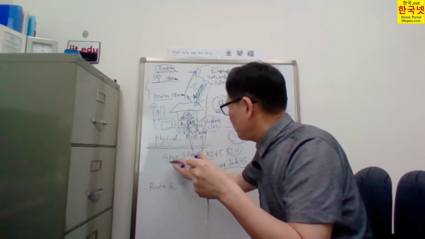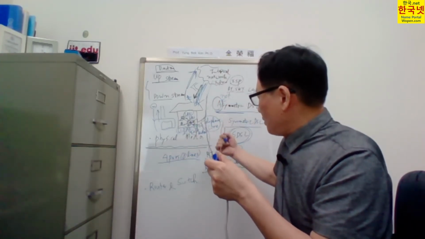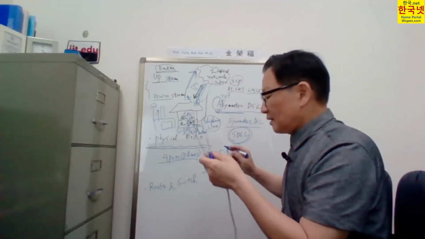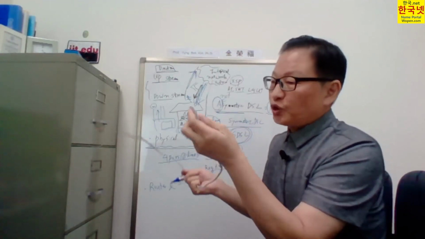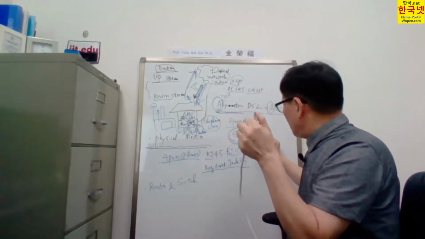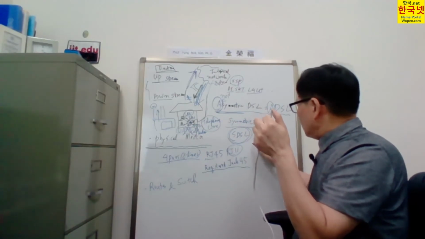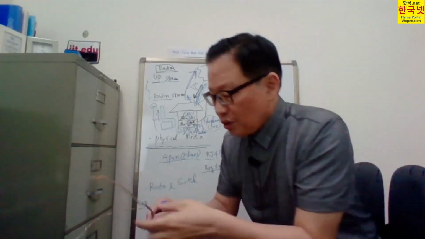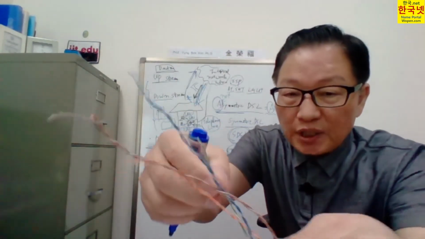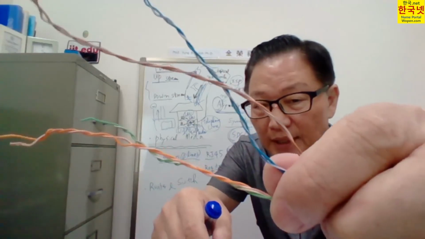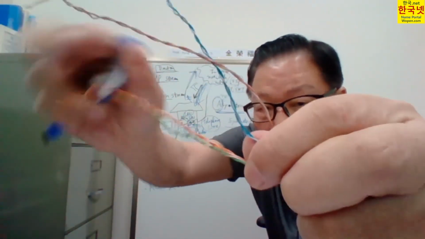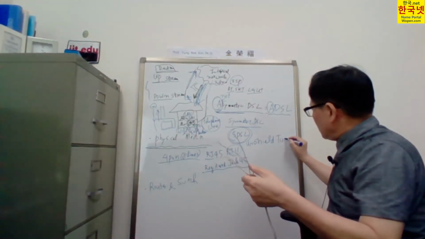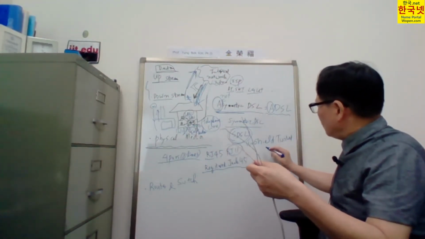Thus, the Ethernet cable consists of 8 wires, 4 pairs, and this one is not shielded, unshielded. And as you can observe here, that is twisted. You can see that is twisted, right? Unshielded, twisted cable.